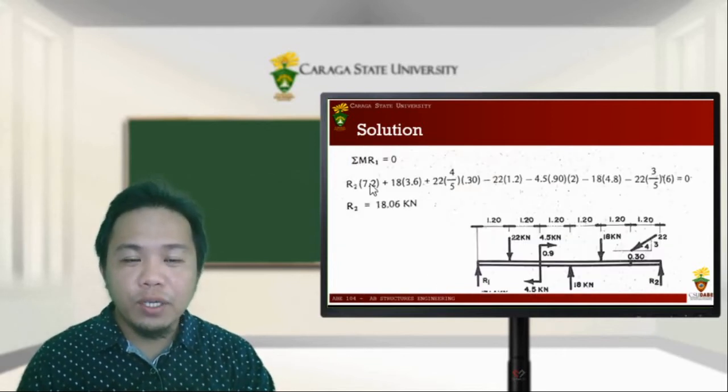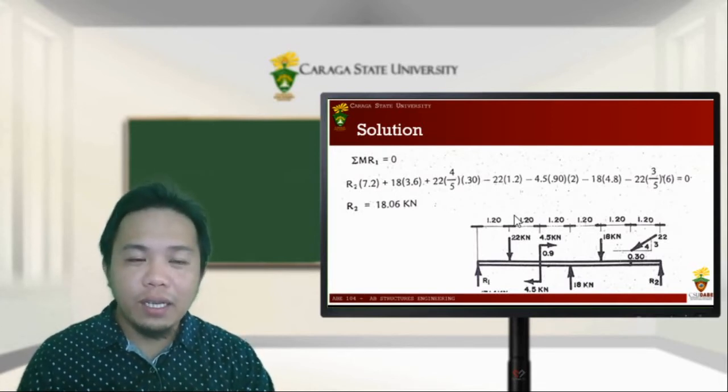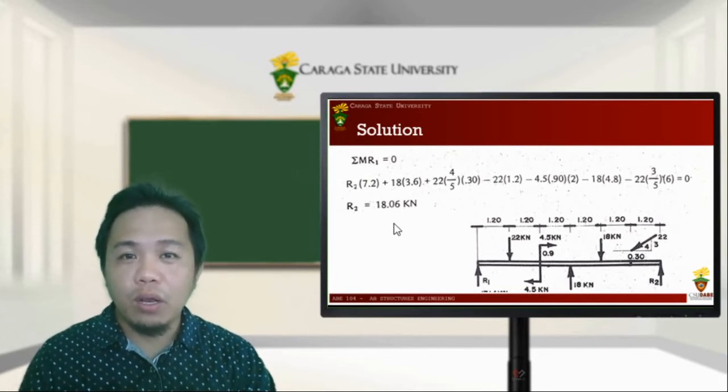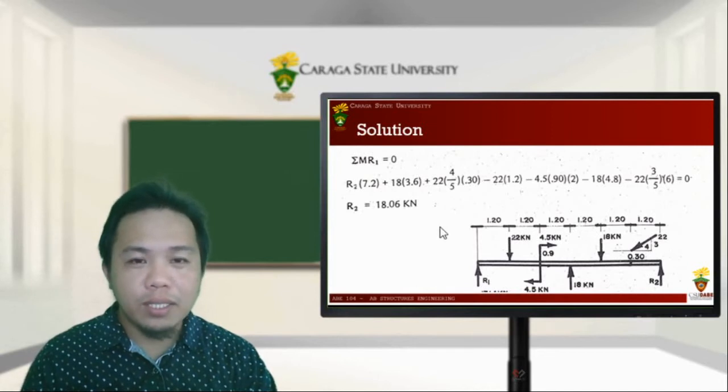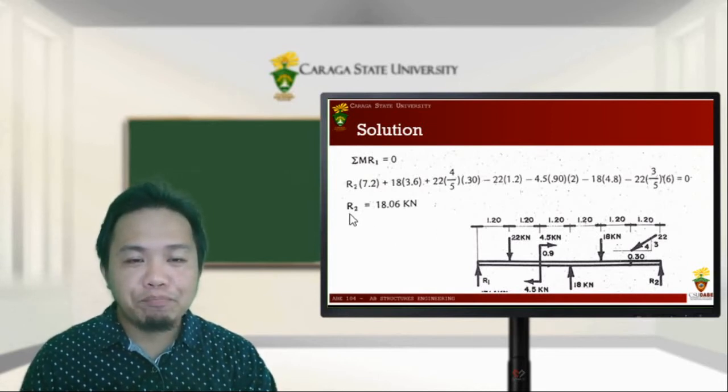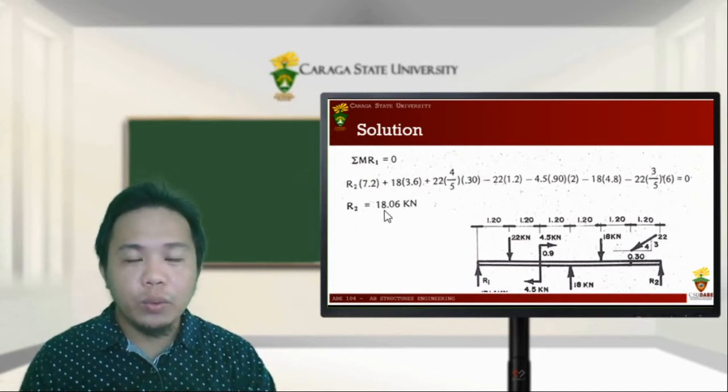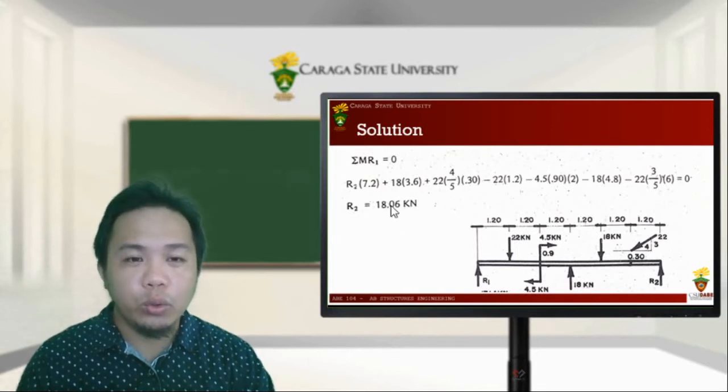Then let's move on to finding the value for R2. So the same process, but another technique so that you can find R2 is through the use of summation of force along Y. But this time, we will be using summation of moment on R1. So the same process, we can find that R2 is equal to 18.06 kilonewton.